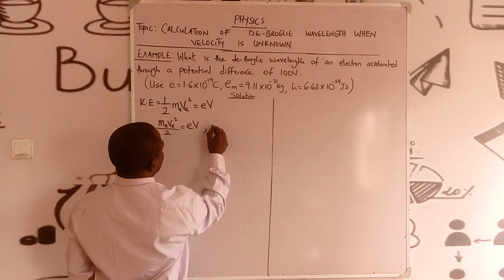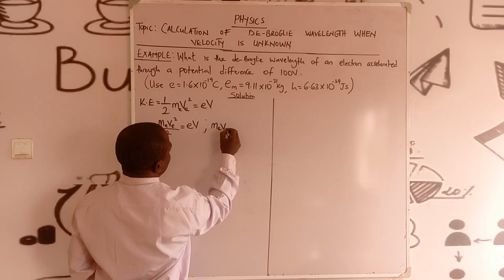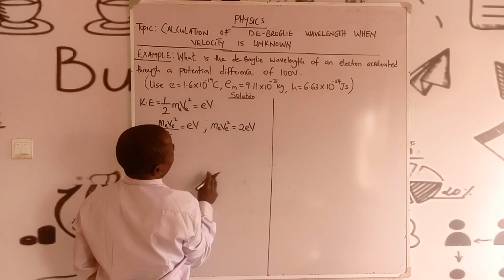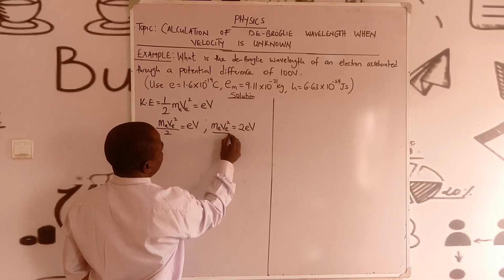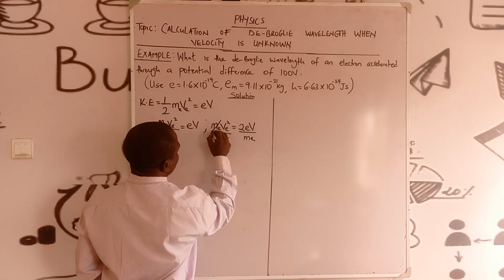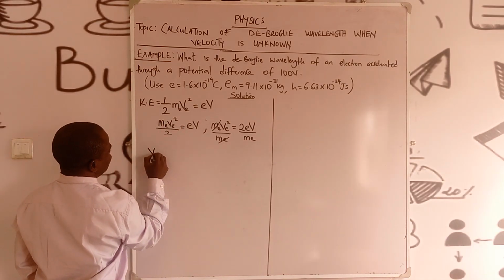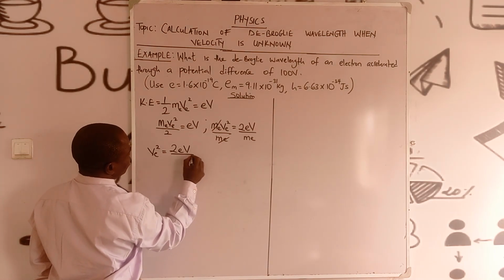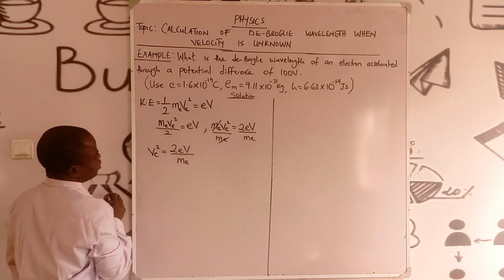Cross multiply, you have m_e v_e squared equals 2eV. Divide both sides by m_e. You are left with v_e squared equals 2eV over the mass of the electron.